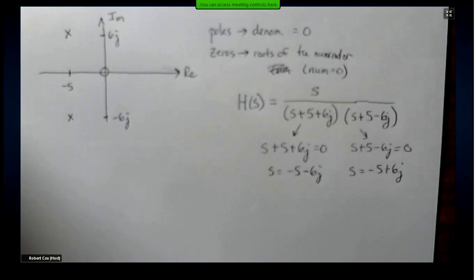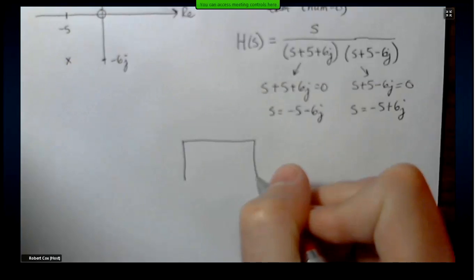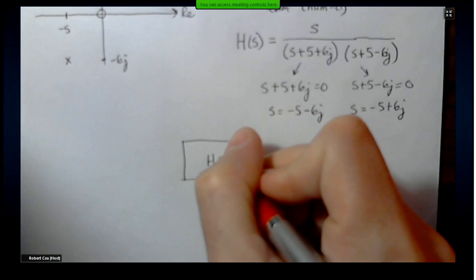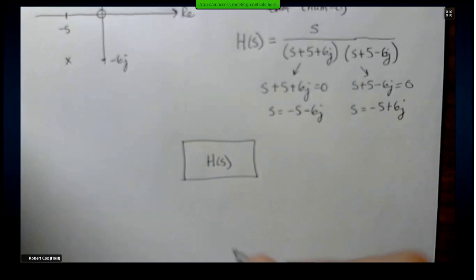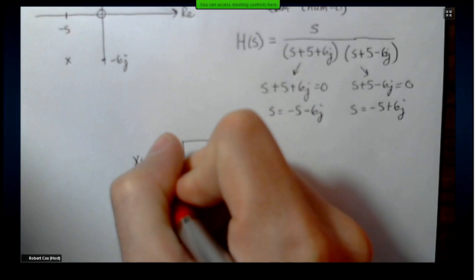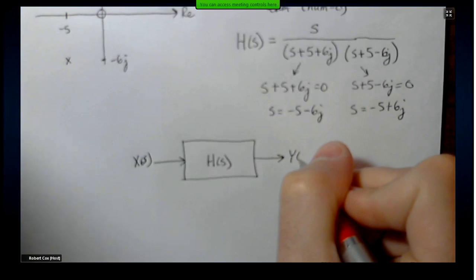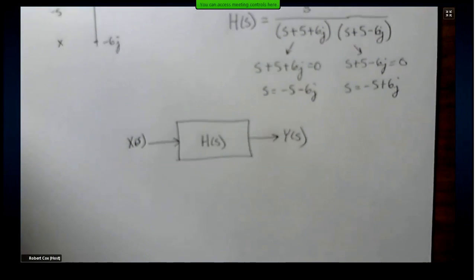Now in the homework, what I ask you to do is to find the impulse response. Again, let's keep in mind what this system picture is useful for us. One of the things is we say, if I have a system, I can represent it by some system function or transfer function h of s, which relates the Laplace transform of the input to the Laplace transform of the output.